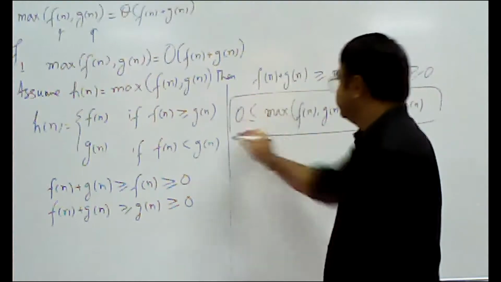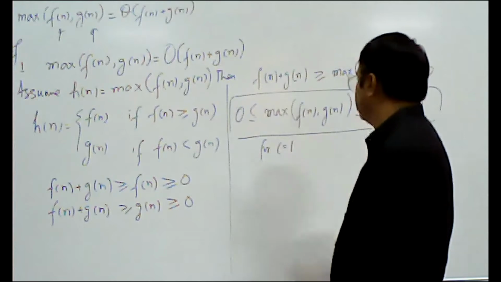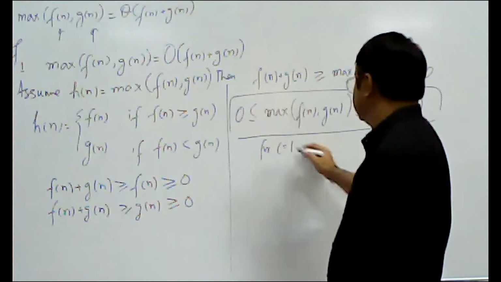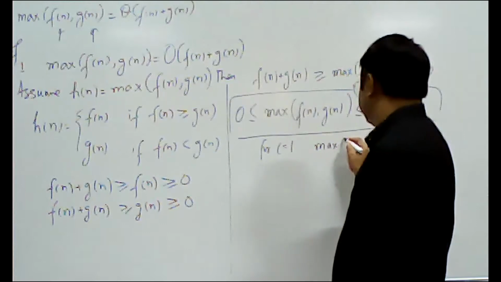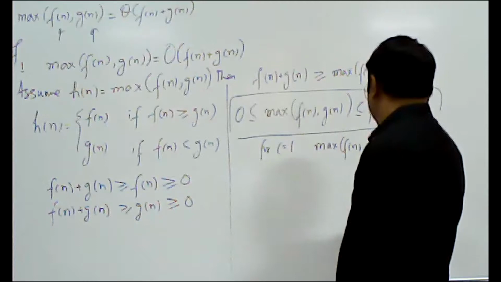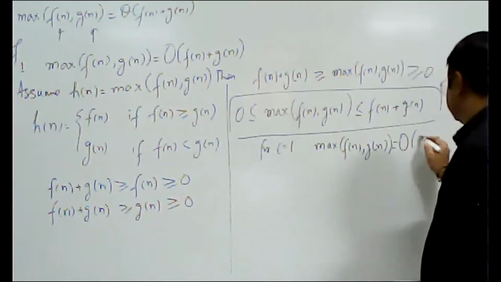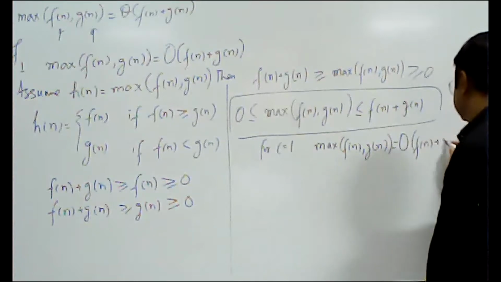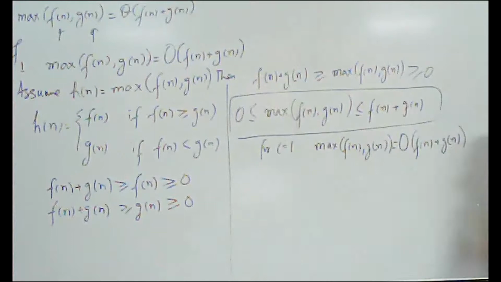So for c equal to 1, we can say that max of f(n), g(n) is equal to order of f(n) plus g(n). Okay. So this is your equation 1.